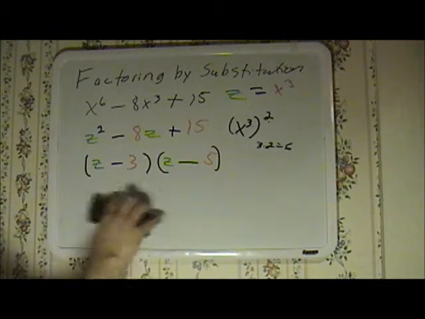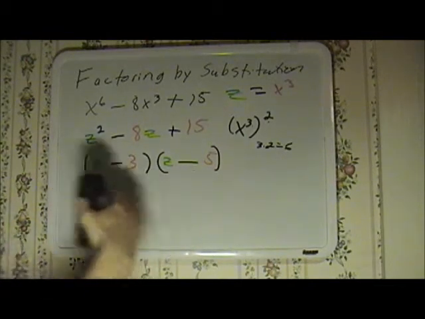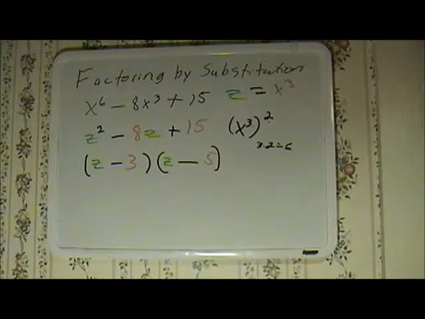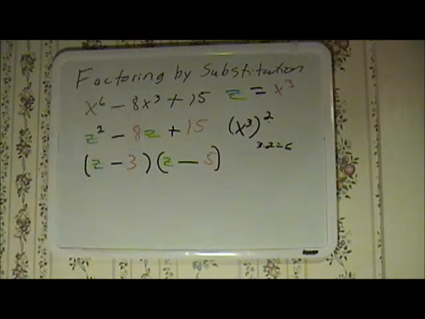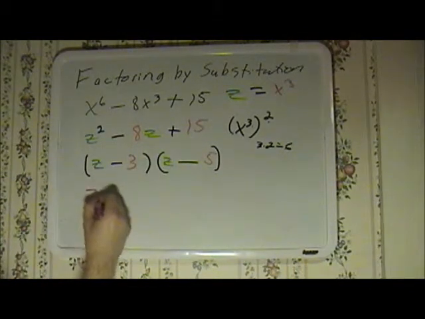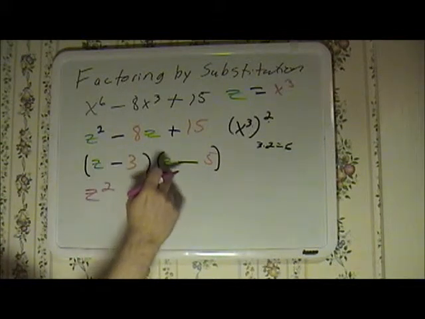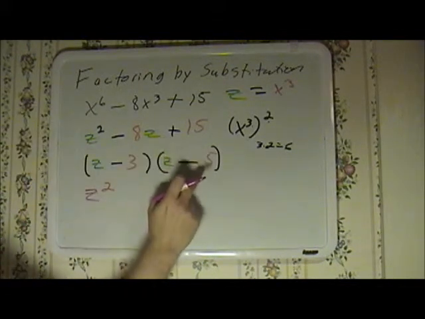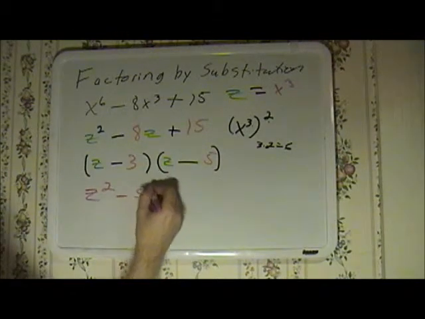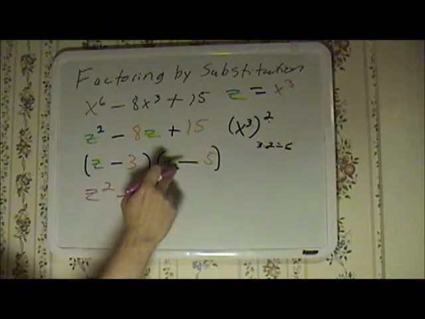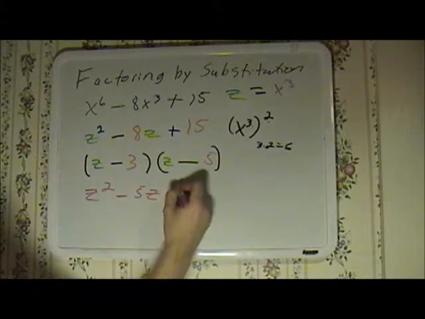Now, to check this, now we've got a factor like this, we're going to FOIL it, which just means we're going to multiply these two binomials together and see what we get. z times z is z squared. z times negative 5, outside numbers, is negative 5z. Negative 3 times z is negative 3z.